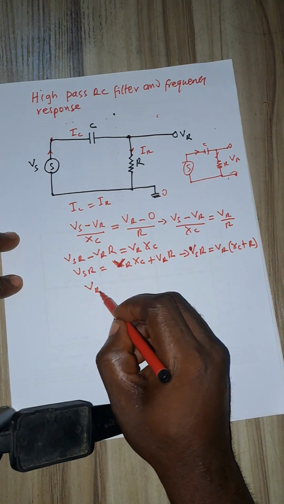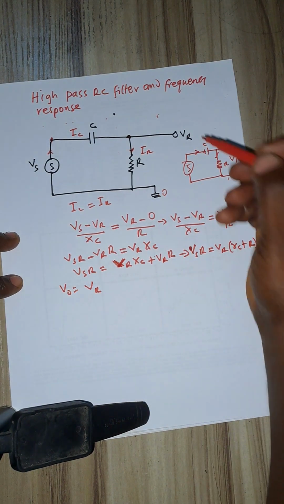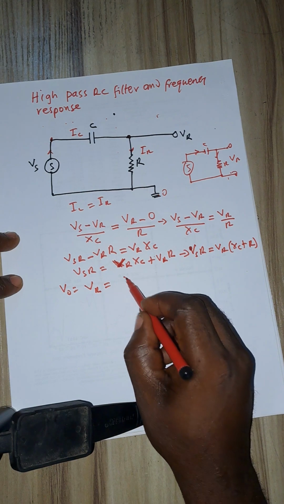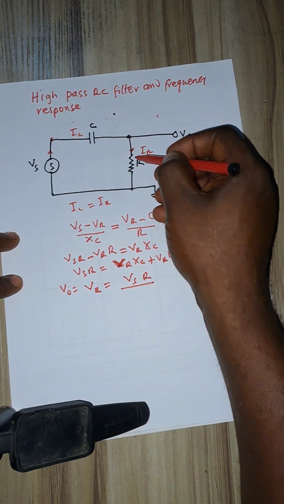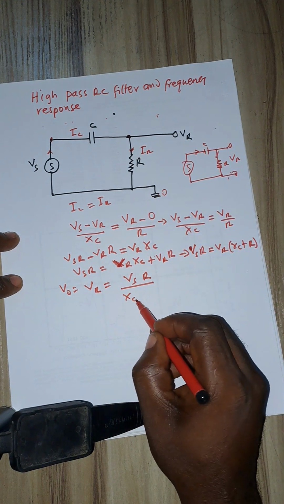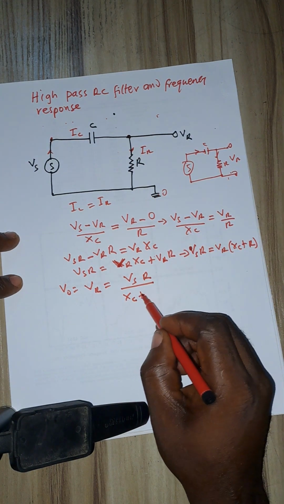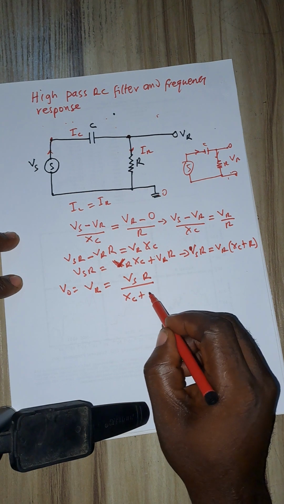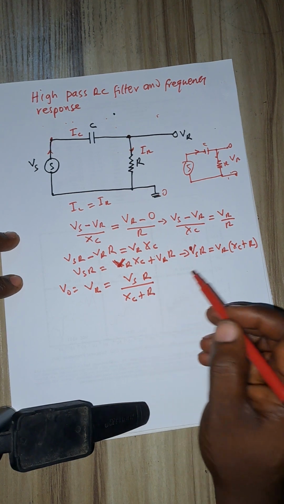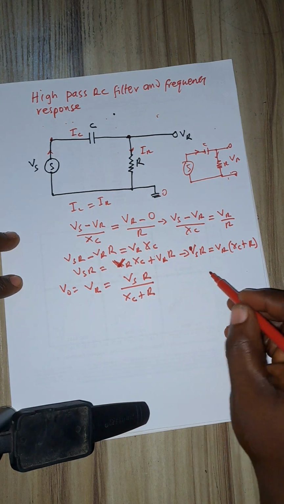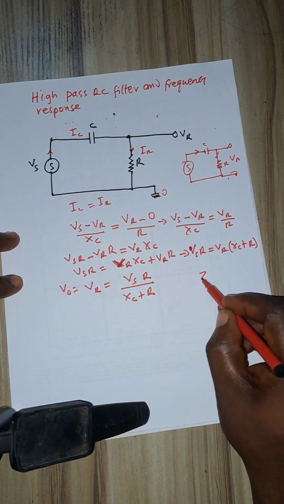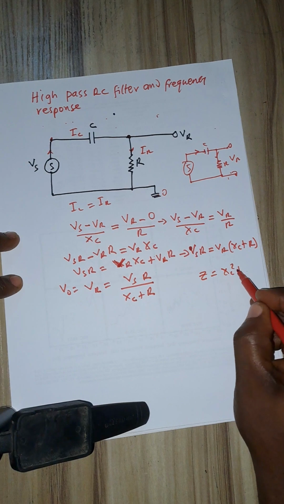So VR, which is the output voltage, will be the source voltage multiplied by the resistance of the resistor, divided by the capacitive reactance and the resistor. Now we know that the impedance Z is the square root of XC squared plus R squared.